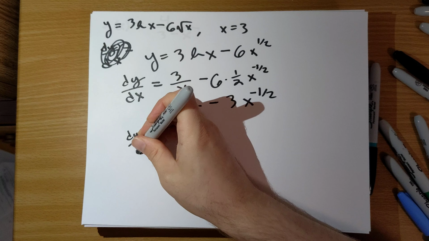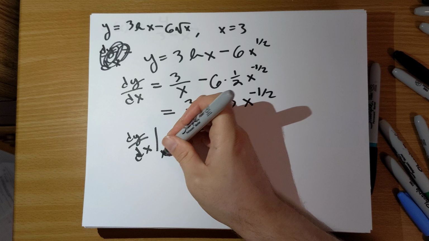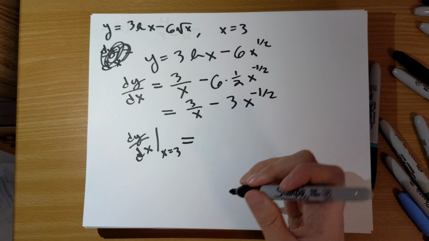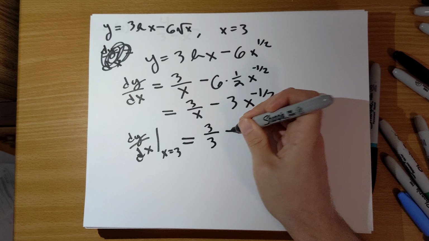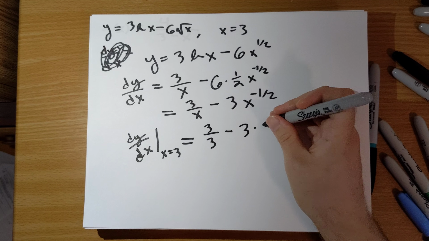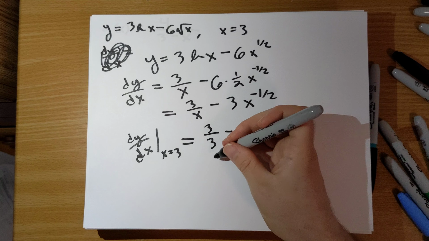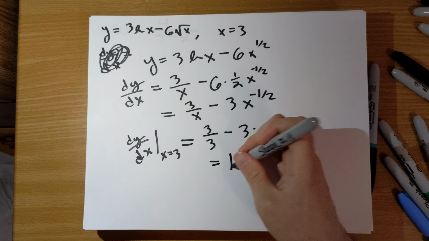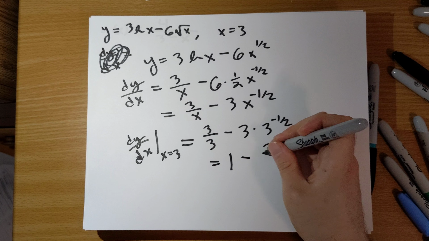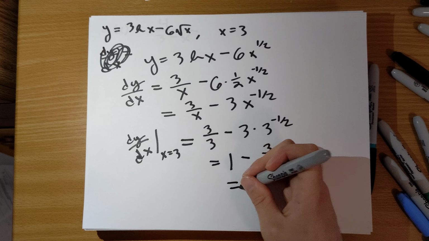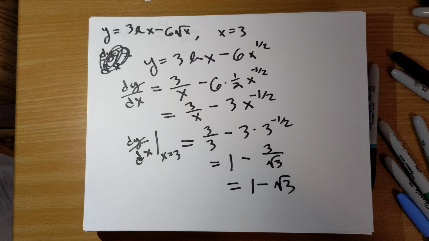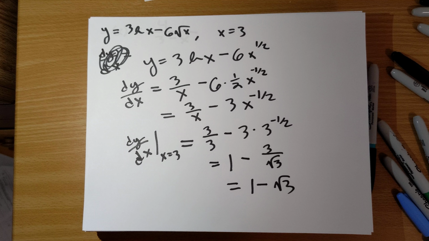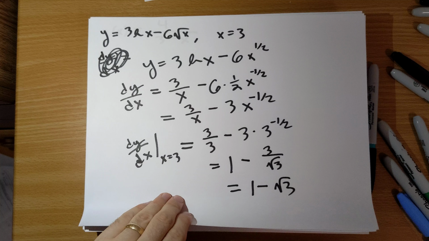And at x is equal to 3, we would just get 3 over 3 minus 3 times 3 to the negative 1/2 power. So this would be 3 over 3 is 1, minus 3 over the square root of 3. 3 over the square root of 3 is square root 3 itself. And this is a perfectly good final answer here. Okay, that's problem number one.